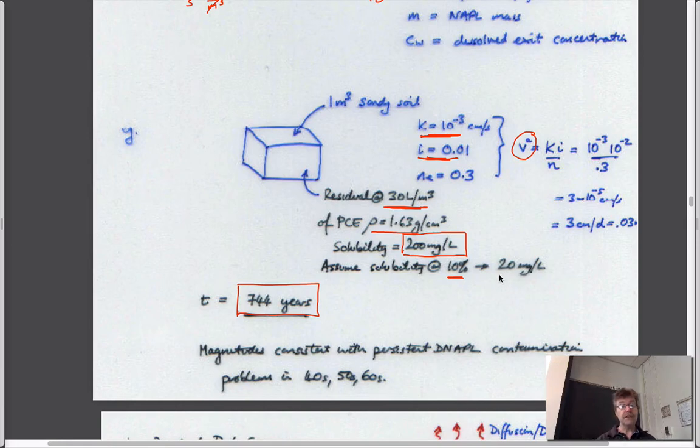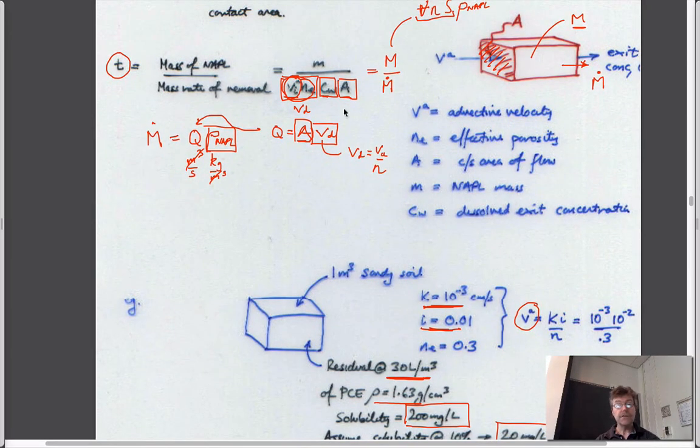So if you're working at this effective solubility to remove it, this would be the concentration that we're using. So this CW is actually the effective solubility, which we've chosen. We know the maximum magnitude would be if it's in a free phase component.